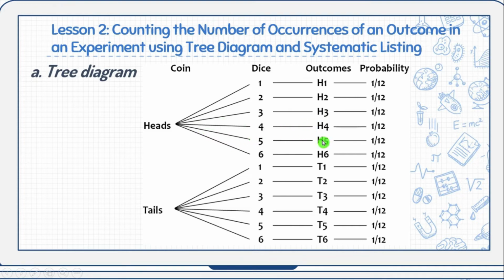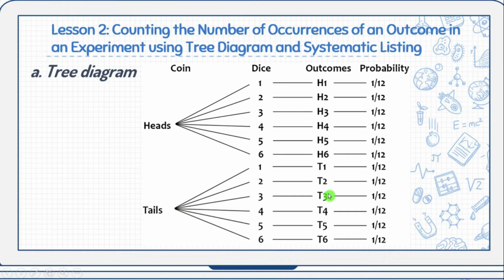Then, head, dice is 6. Okay, these are our possible outcomes. It could also be tail as the coin result, then the dice result is 1. So, T and 1. It could also be tail, then dice is 2. Dice is 3, coin is tail. Right? T3. Then, tail 4. Or tail 5, then tail 6.